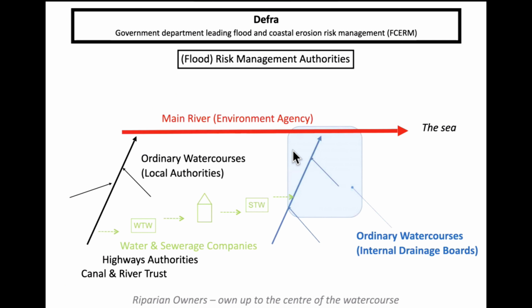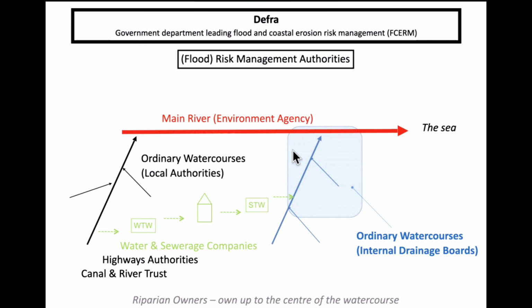But if you thought the water network was complex, the organisations which look after them can be even more confusing. Today we're called Flood Risk Management Authorities, and we sit under the umbrella of DEFRA.